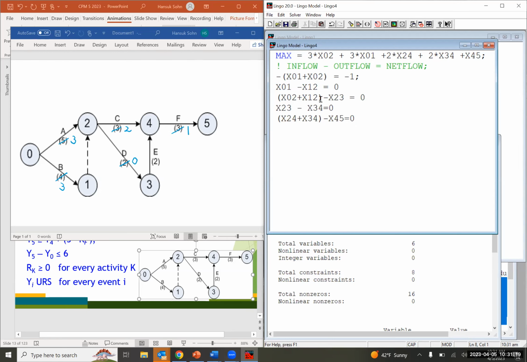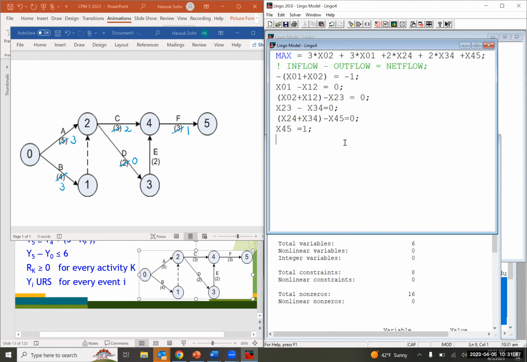For the finishing node, we have only 1 inflow, but no outflows. And node number 5 is the demanding node, so the net flow amount has to be +1. And I forgot the semicolon at the end of each constraint.